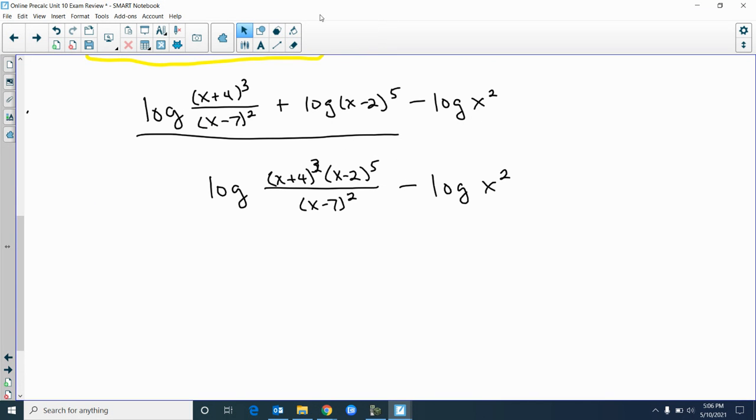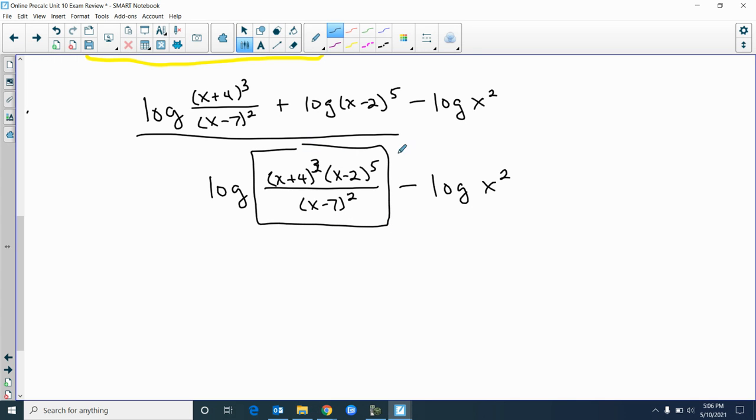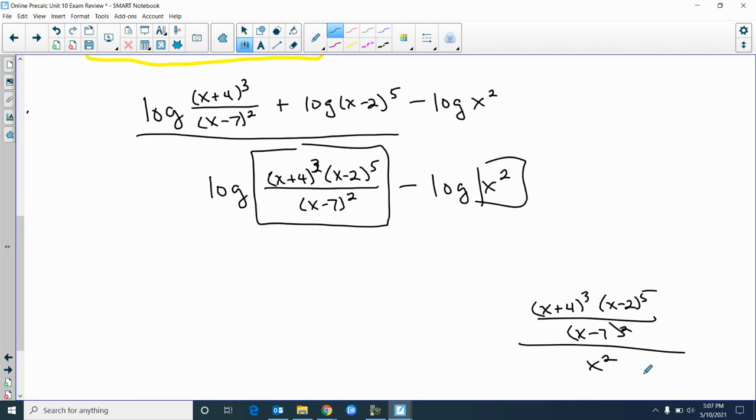Now that's a minus, which means I'm going to divide this one by this one. So here you got to watch your algebra. So I'm just going to do it on the side. Just those pieces. So you're really taking x plus 4 cubed, x minus 2 to the 5th over x minus 7 squared, all divided by x squared.